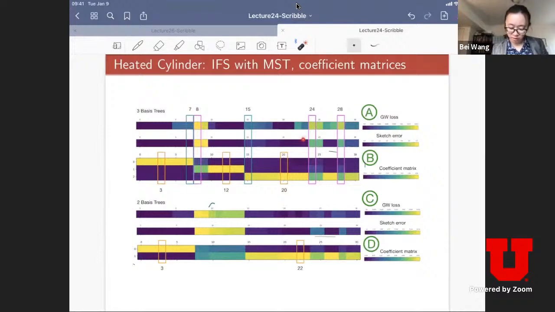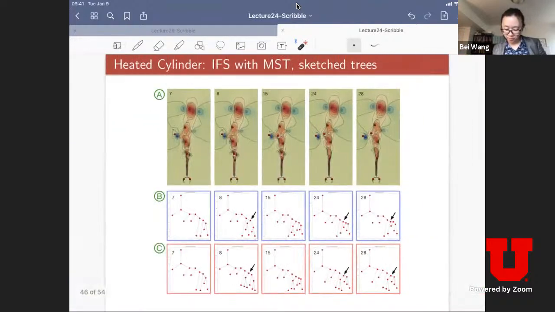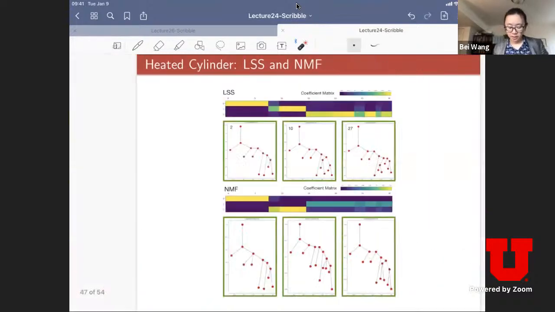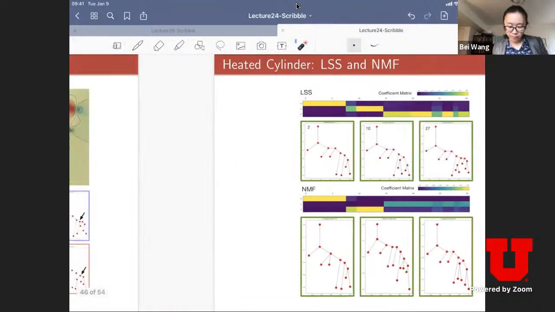Same thing with 24. That's why when you look at those trees, 24 and 8, you see a lot more structure changes, because those are the ones that have some error in the sketching process. And if this error is very high, they correspond to some sort of outlier with respect to the chosen basis.